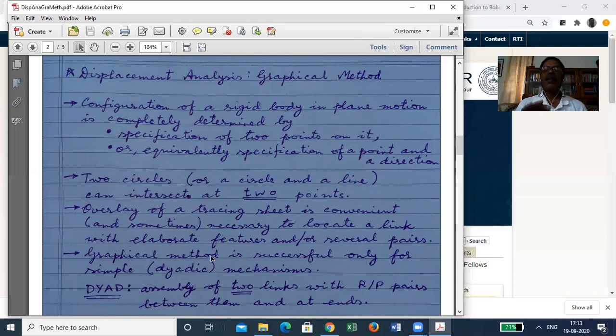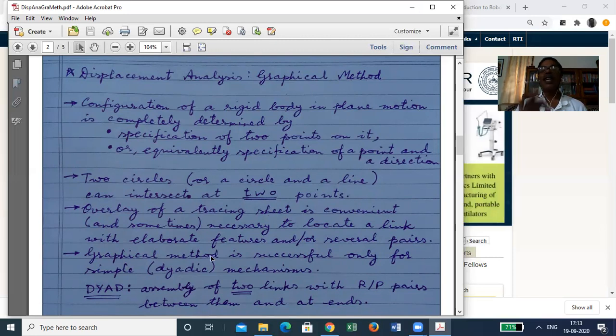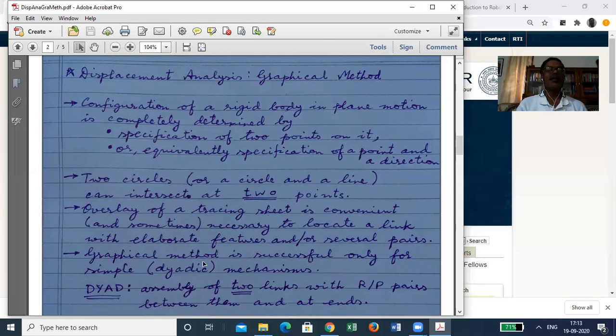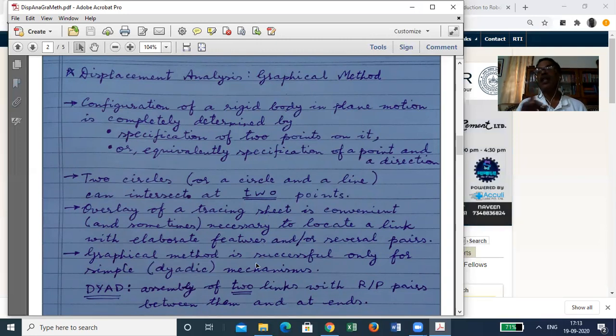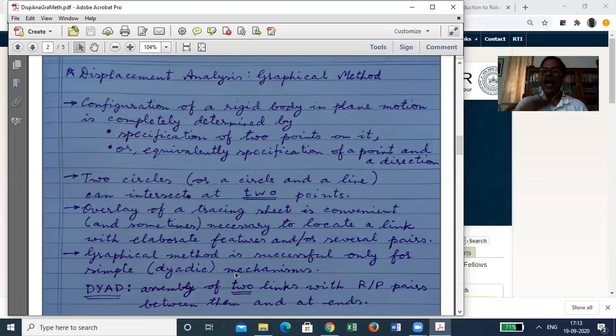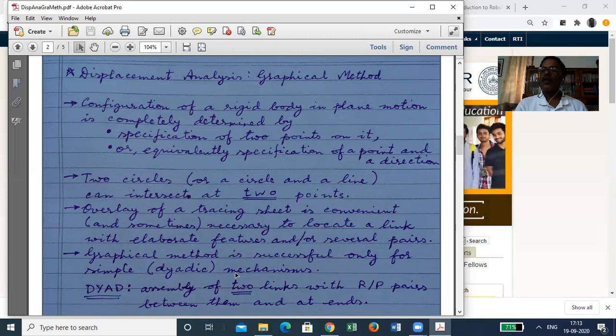Say that graphical methods will be successful only for dyadic mechanisms, which are simple mechanisms. And this is one very good description of what is a simple mechanism. A simple mechanism is a dyadic mechanism. And what is a dyadic mechanism? A dyadic mechanism is one in which at every stage of the configuration determination problem, you need to assemble a dyad.